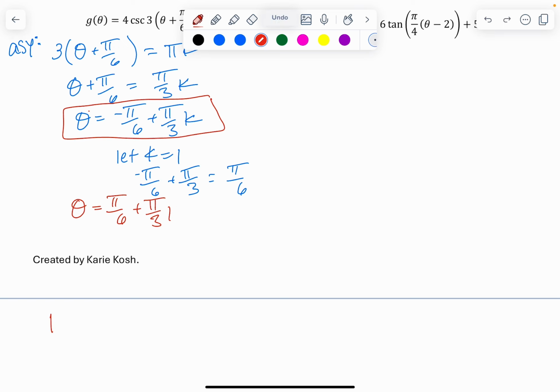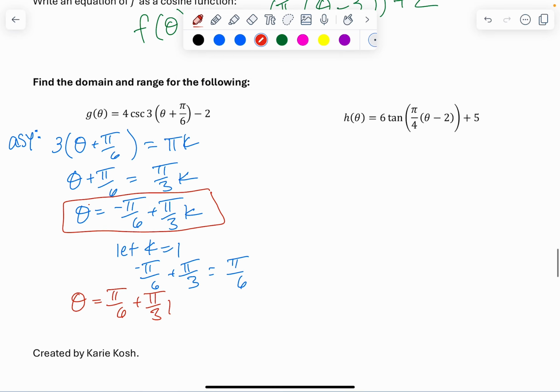The domain ends up being the set theta such that theta is not equal to, let's use the positive one, but I would accept either answer, pi over 6 plus pi over 3k.